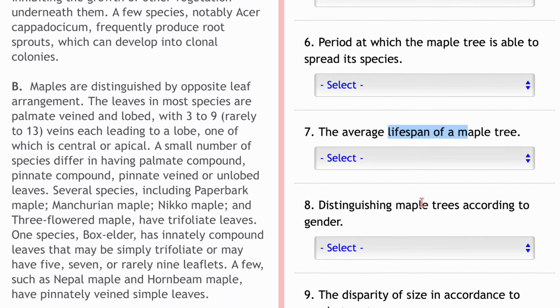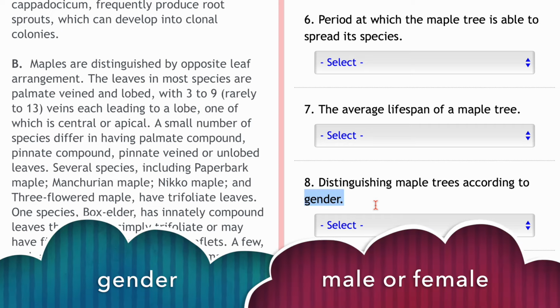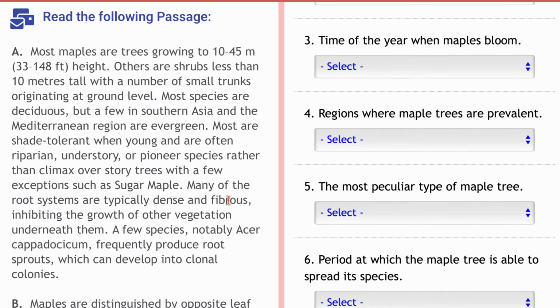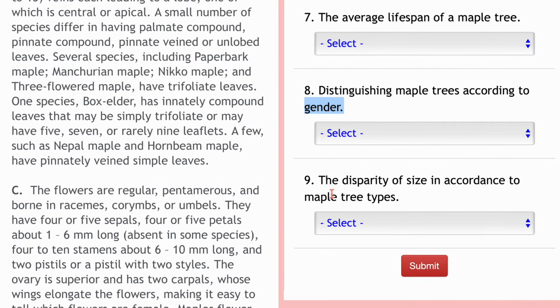Okay. 8. Distinguishing maple trees according to gender. Is that one an A? Gender, male, female. I didn't see that there either. So no. And what about number 9? The disparity of size in accordance to maple tree types. Not size, okay.